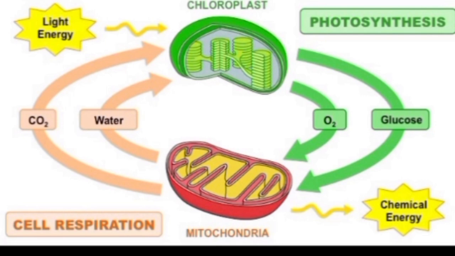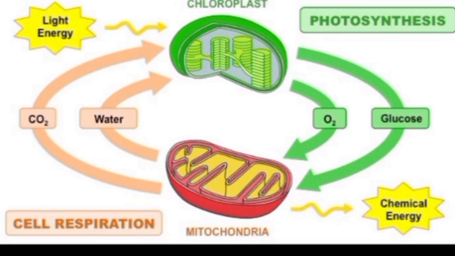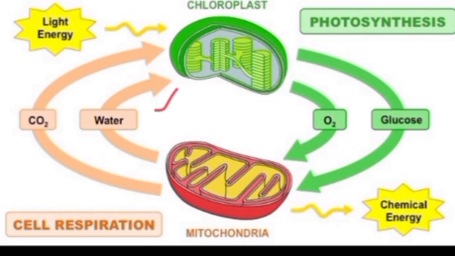If we combine the process of respiration and photosynthesis, we can say that both depend on each other. If we start from here, in the chloroplast, green plants take carbon dioxide, water, sunlight and combine them to make glucose and oxygen.